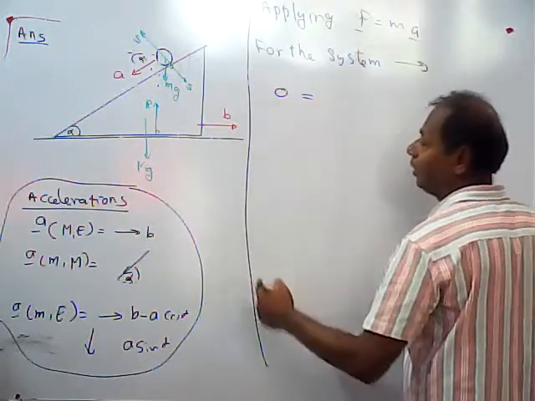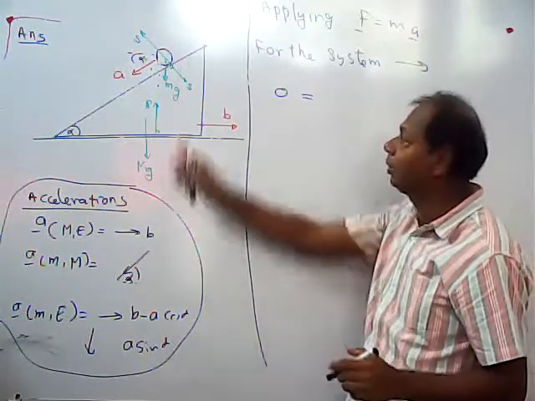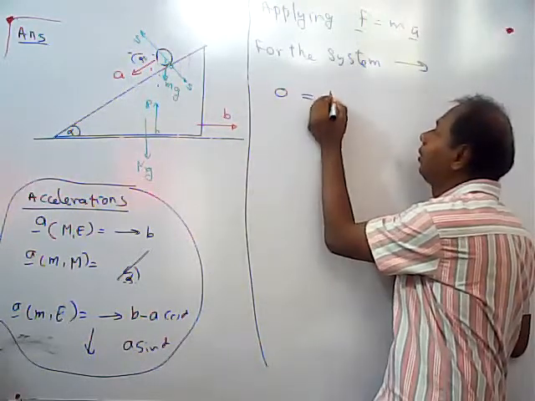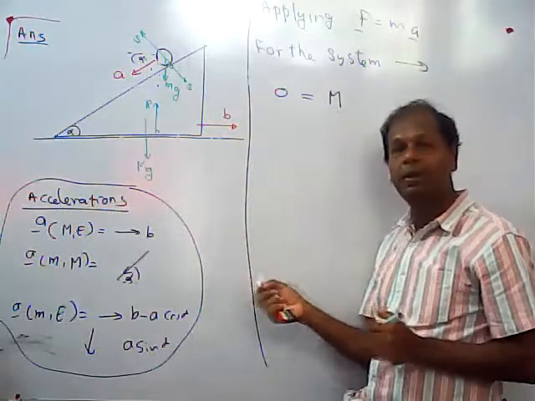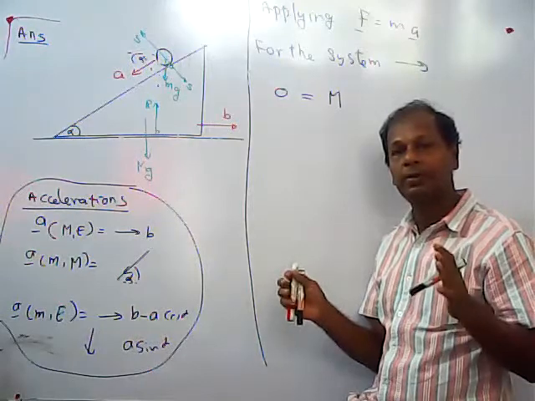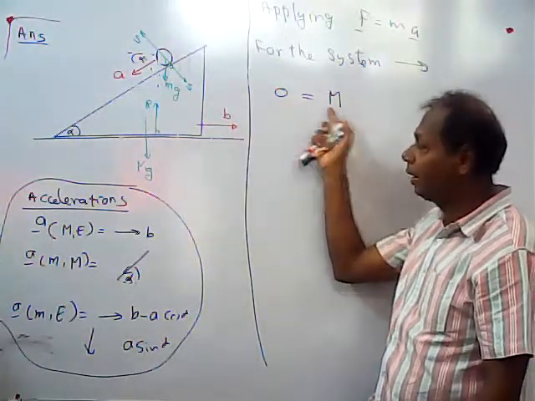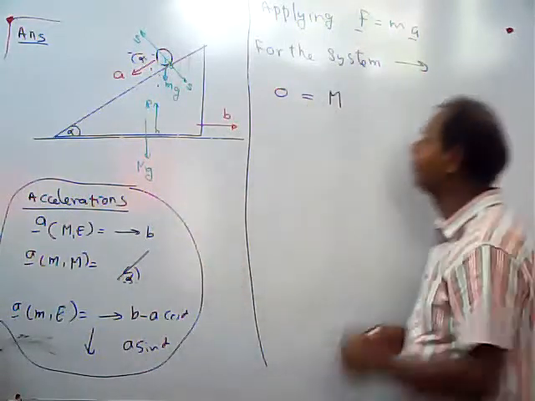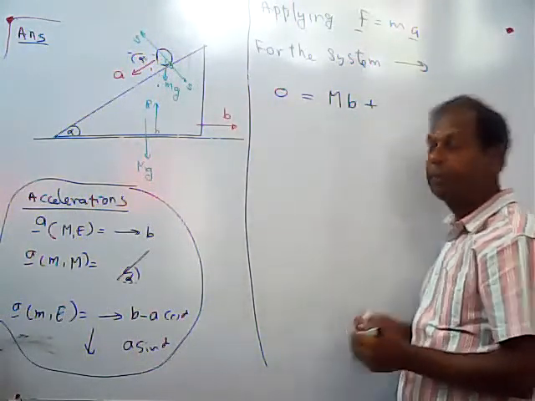Now we are applying it for the system. If you take the wedge along, its mass is m. Remember, I told you last time, F equals ma in this mechanics we apply only relative to the earth frame. So for the wedge, m, and relative to the earth frame, the acceleration horizontally is b. So mb, plus there is the particle also. We take m.